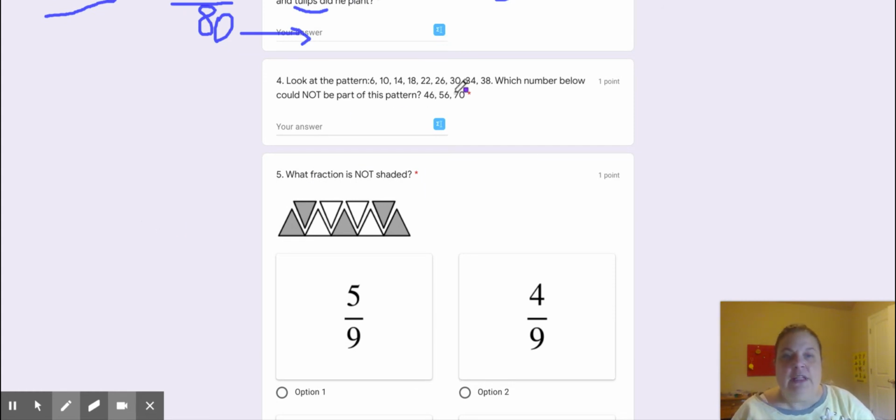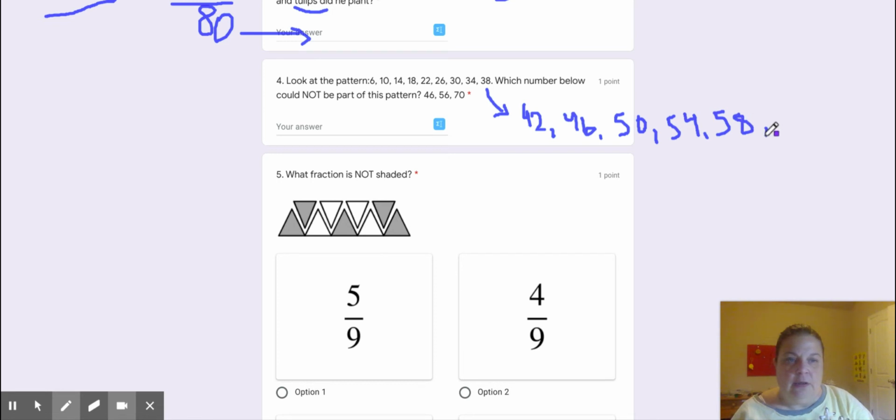Okay, so you needed to keep this pattern going. Hopefully you noticed that each time you were going up, you were adding 4. So if I continue from 38 and add 4, I'm going to have 42, and then 46, and then 50. Add another 4, that's 54, and then 58, and then 62, and then add 4 to that, and you have 66 and 70.